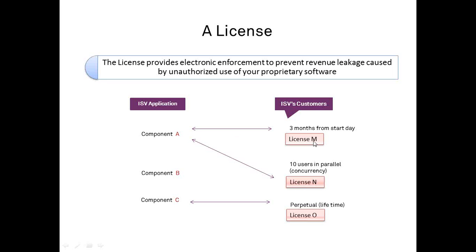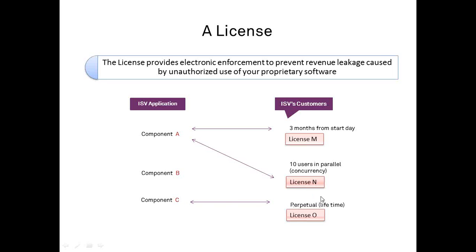So any customer, my end user, who takes license M, will purchase my license M, which means that the end user will be able to work only with component A. But if some of my end users want to use my component C, then of course only license O will be good for him.